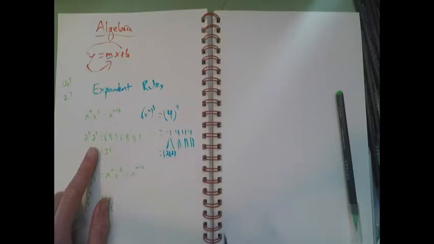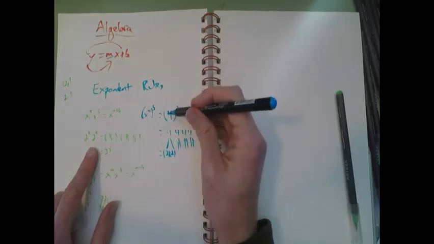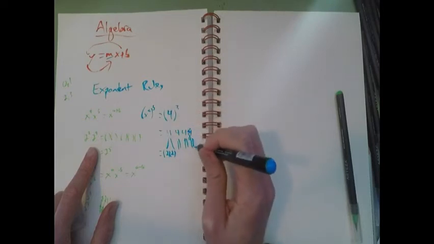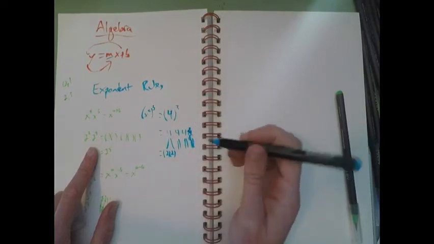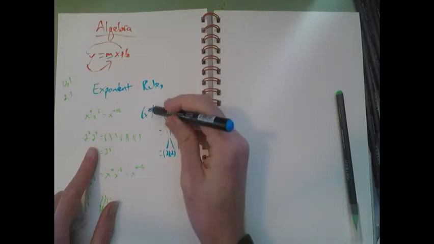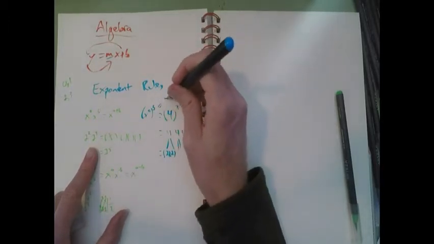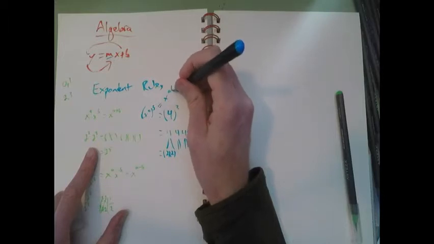So x to the a to the b, well, what do we get? Sorry, there should have been 3 fours. So we end up with 3 times 2. So this is going to be x to the a times b.